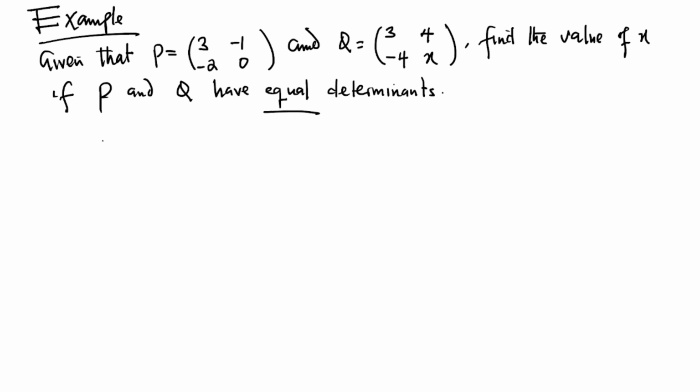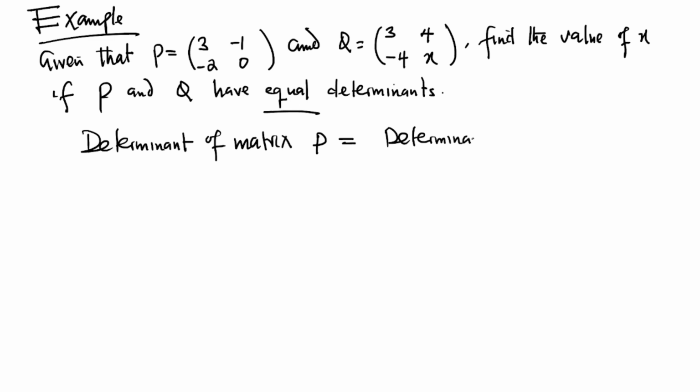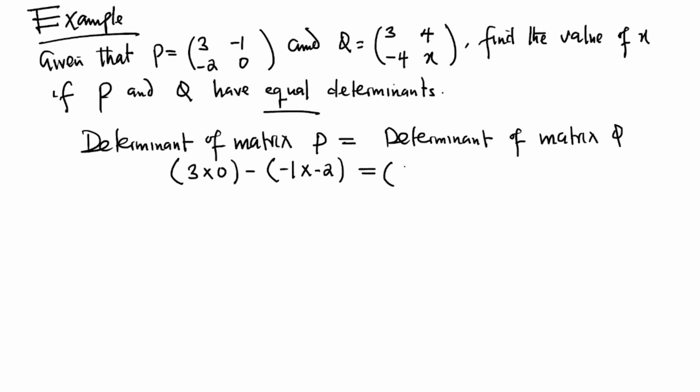So that basically tells us that the determinant of matrix P is equal to the determinant of matrix Q. Meaning that your major diagonal, which is 3 multiplied by 0, minus your minor diagonal, which is -1 multiplied by -2, would be equal to your major diagonal, which is 3 times x, minus your minor diagonal, which is 4 multiplied by -4.